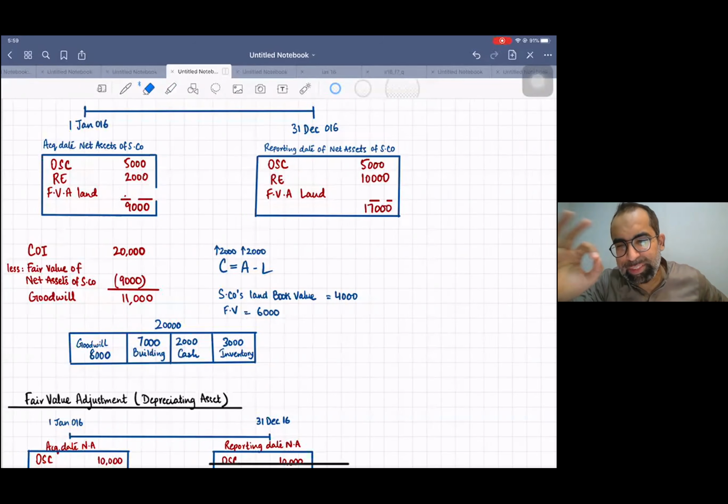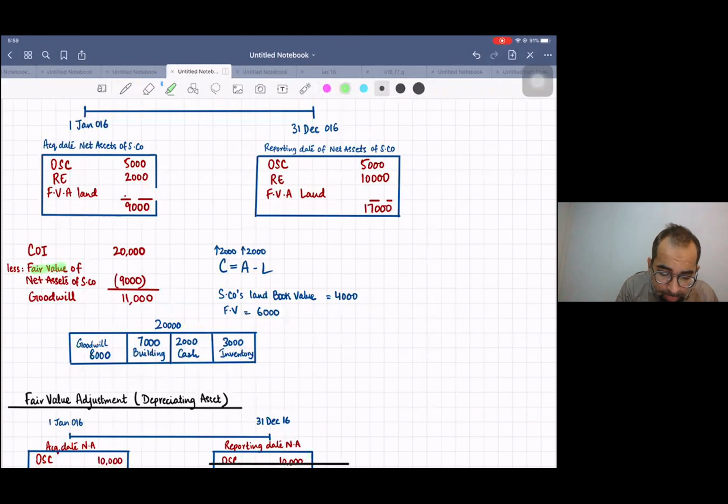So the formula of goodwill is cost of investment less fair value of net assets of S company.